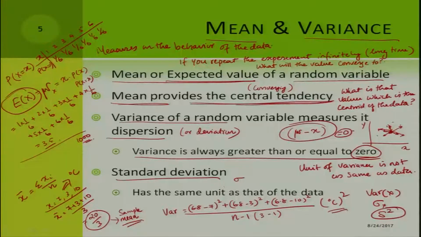Standard deviation, on the other hand, is sigma of x, or S for the sample standard deviation, and sigma for the population. It is given by the square root of variance. That way you get the unit back to that of the data.